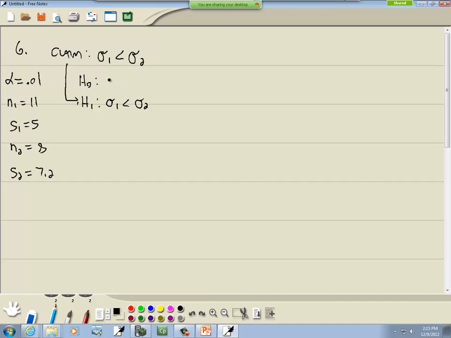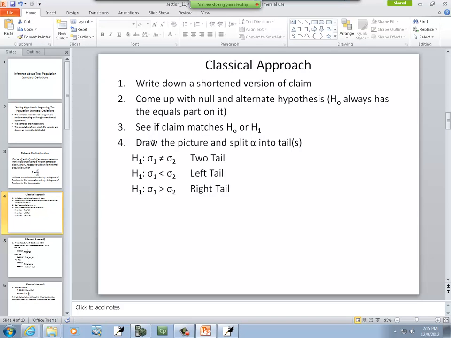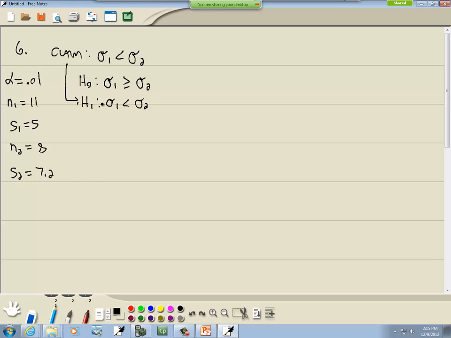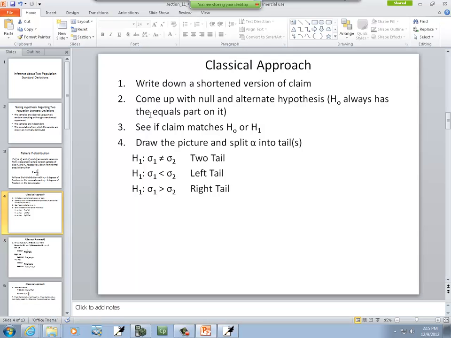If that's less than, then H0 has to be greater than or equal to. And again, our current textbook will always put equals here. I like this. These are exact opposites of each other, because if you reject this and accept this, they should be opposites in my mind. It gives you the same result, though, in case you're wondering.